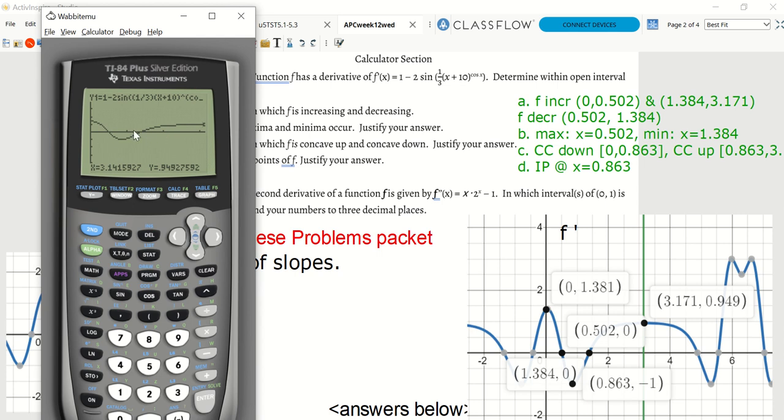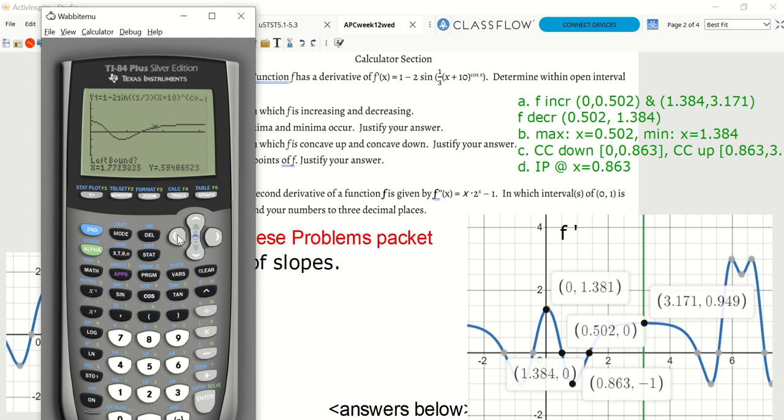If you want to find the x-intercepts over here, I go second trace, and then go to zeros. Right now, the calculator doesn't know where to look for the x-intercept, so we're going to narrow it down.